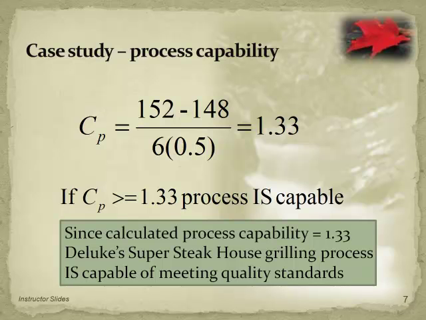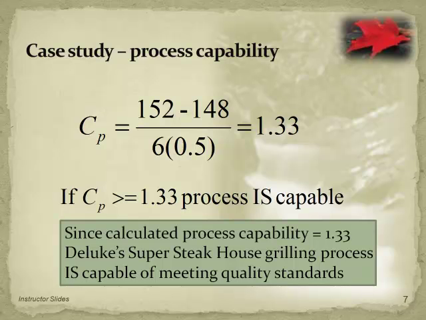So if the calculated CP is greater than or equal to 1.33, then we conclude that the process is capable. If the calculated CP is less than 1.33, we make just the opposite conclusion, that the process is not capable.